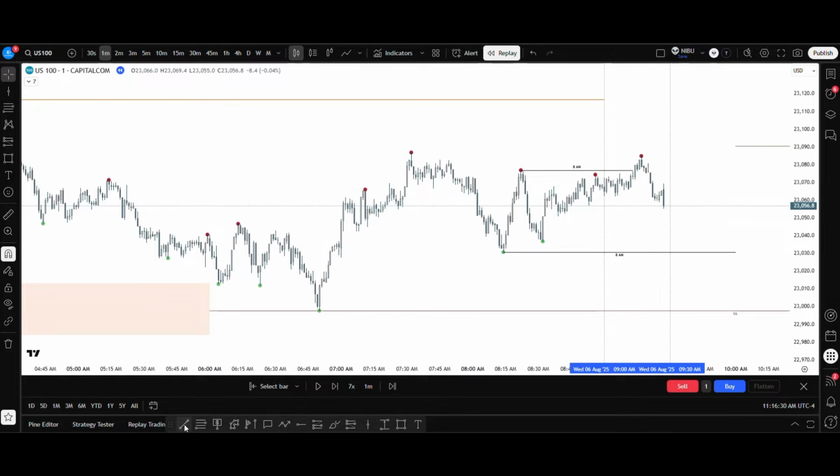And I just marked this high and these equal highs as well.